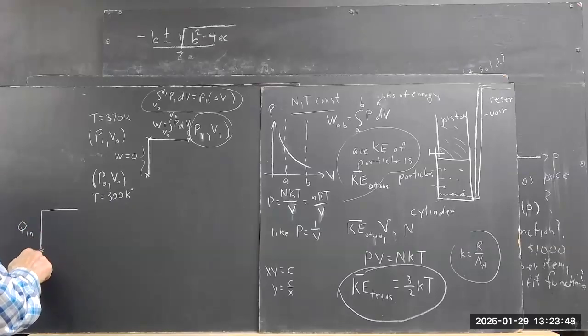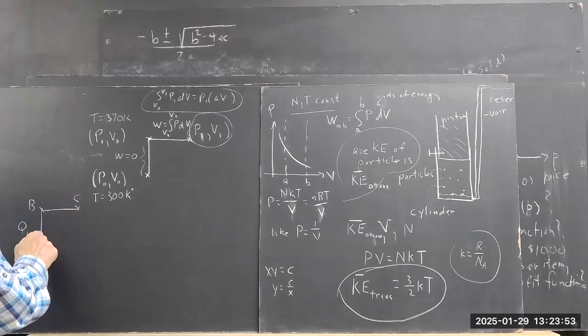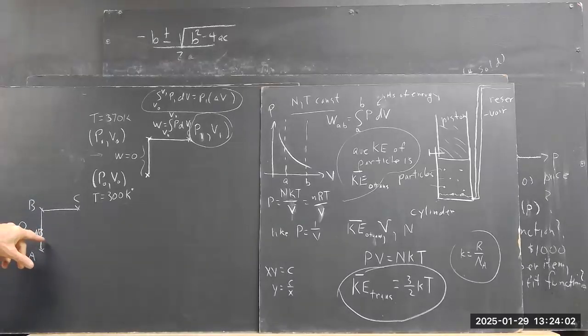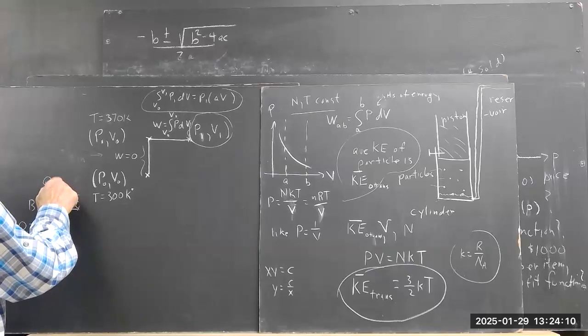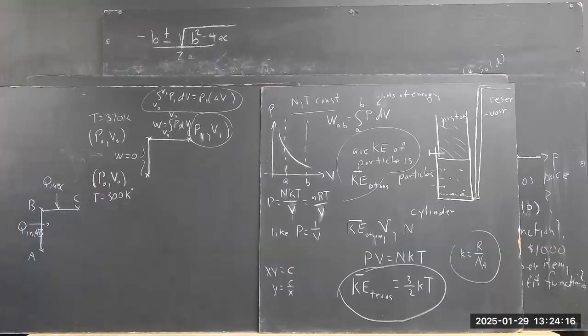Let's call this state A, this B, this C. This says Q_in AB, put in here from your source. Here you have Q_in BC, which goes into the system. So you can ideally calculate the amount of energy to do that. It goes in from here to here and from here to here.